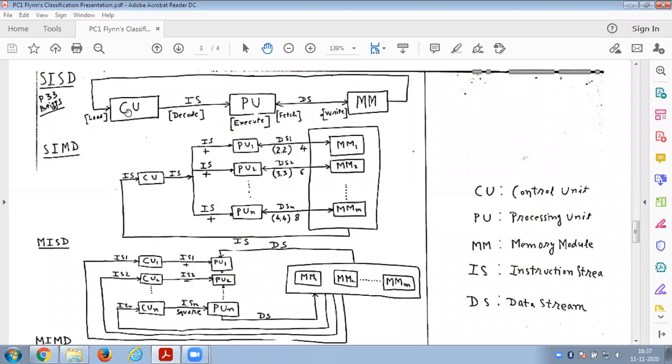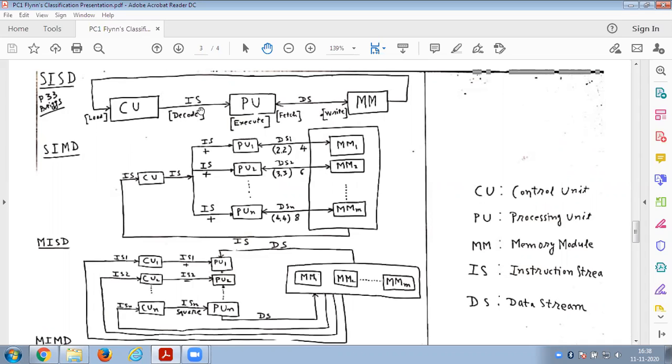Decoding means identifying the resources, that is, where to perform and how to perform that particular instruction. So the control unit decodes the instruction and gives this decoded instruction to the processing unit, that is ALU. See, a unidirectional arrow is coming here. Note it down, not double direction. This is called the decode operation.